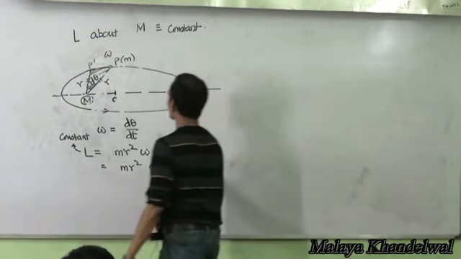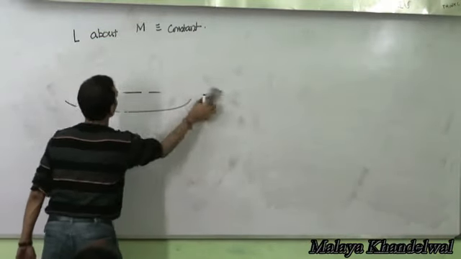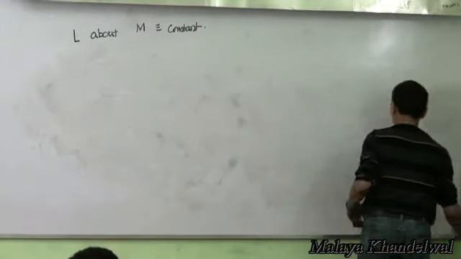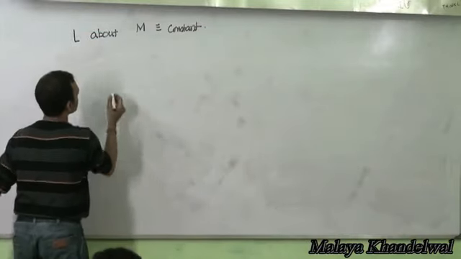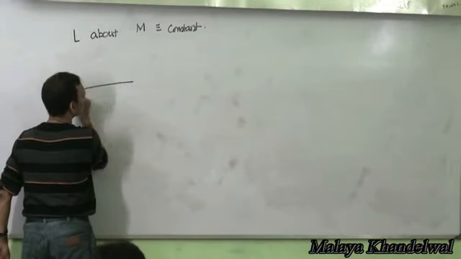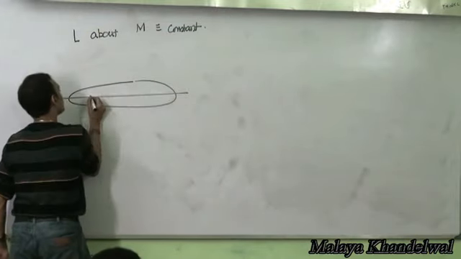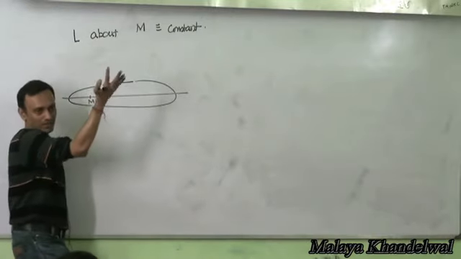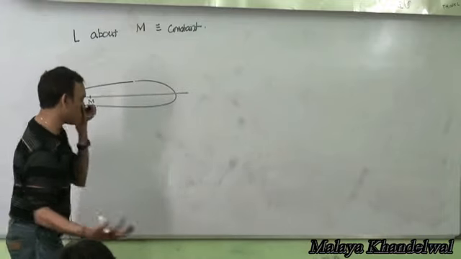Now, in this elliptic path, you could have this M as the sun or any other gravitating mass, and this could be a planet or any other mass. Does not matter. If it's an elliptic path, the same physics holds good, right?